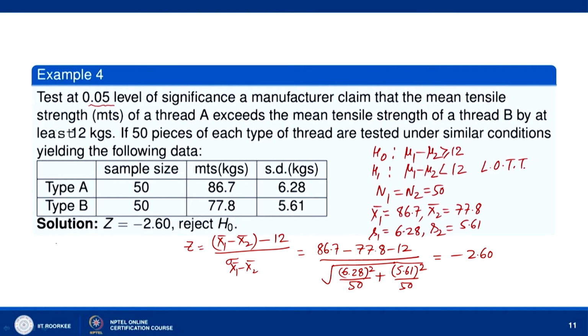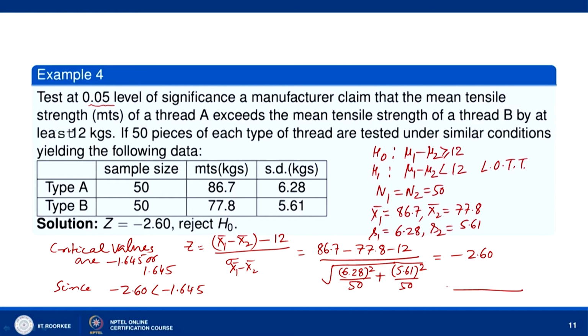So, the critical values are minus 1.645 or plus 1.645. Now, minus 2.60 is less than minus 1.645. So, this means that we have to reject H naught.